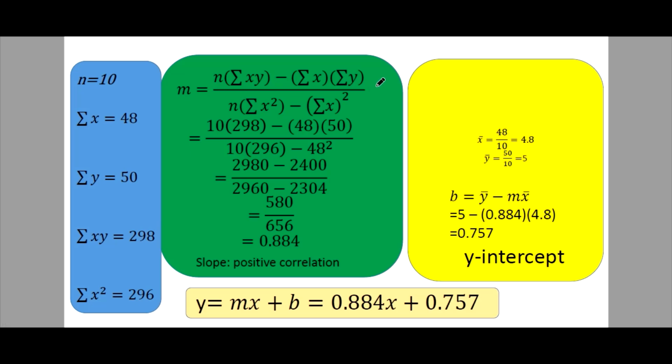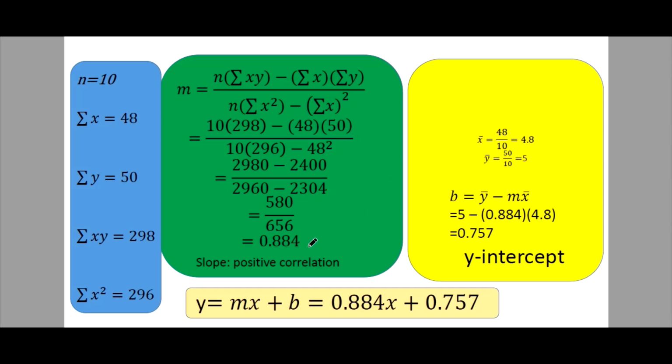Using the formula and substituting these values, we have n is 10, summation of xy is 298, minus summation of x is 48, summation of y is 50, and on the denominator we have n is 10, summation of x squared is 296, minus the square of the summation, which is 48 squared.